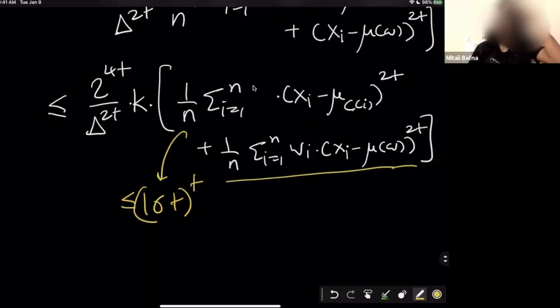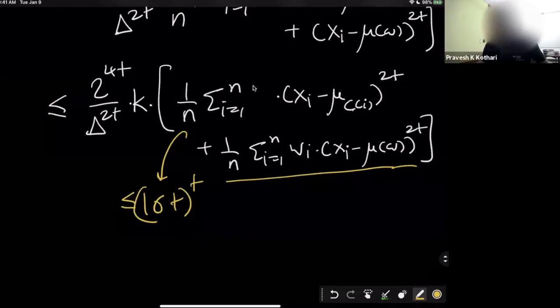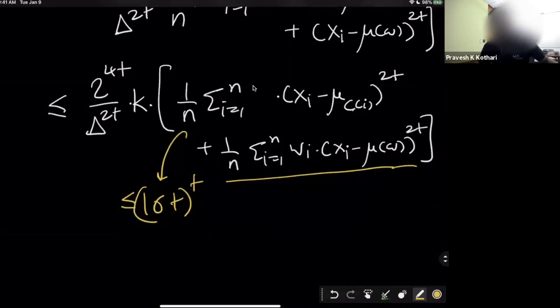We can get it by the soundness hypothesis. Exactly. We know that w satisfies the constraints A_w, and the second check in A_w is precisely saying that the empirical 2tth moment of the deviation around the empirical mean of the points in w is at most what it should be for a typical sample of a Gaussian.